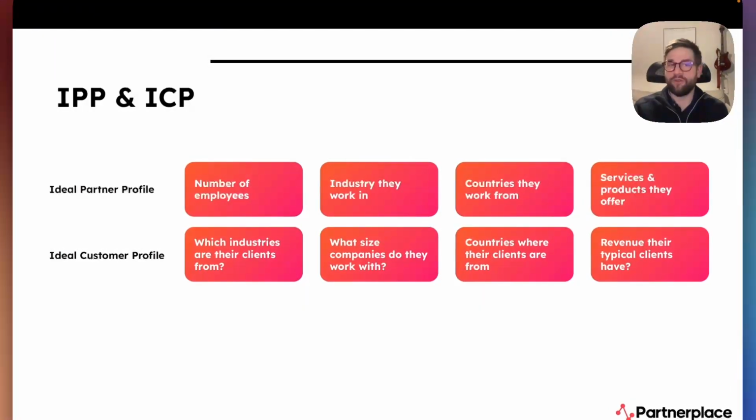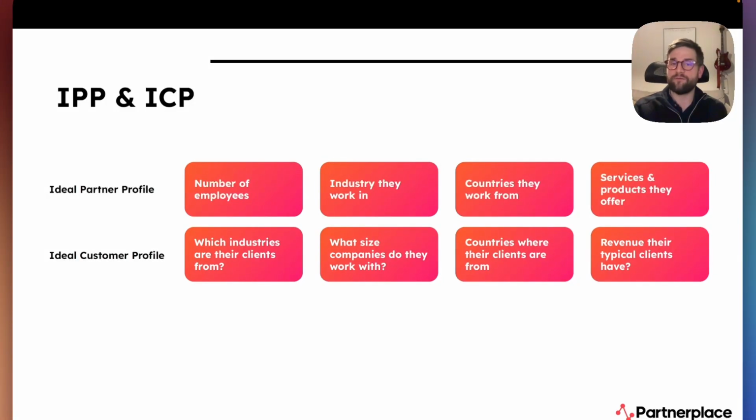And what are they? In terms of ideal partner profile, you need to define how many employees an ideal partner has, what industry they work in, what countries they work from, and what services and products they offer. And you also need to take into account who they are working with, so the ideal customer profile.